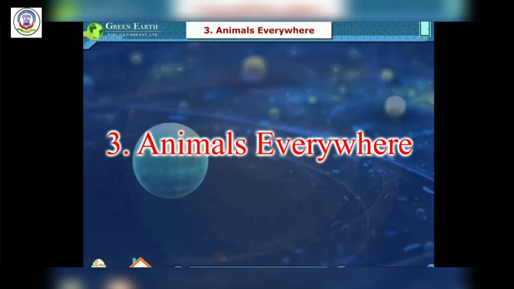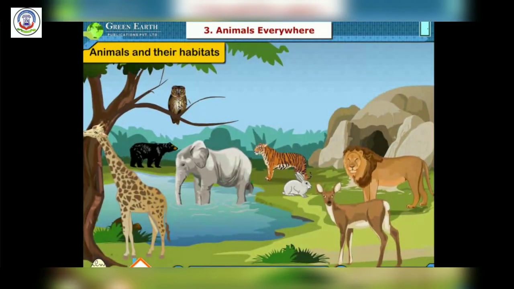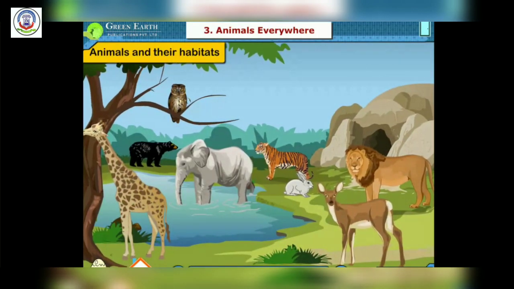Chapter 3, Animals Everywhere. You will learn animals and their habitat, breathing in animals, feeding in animals, movements in animals, migration in animals. Animals and their habitats.